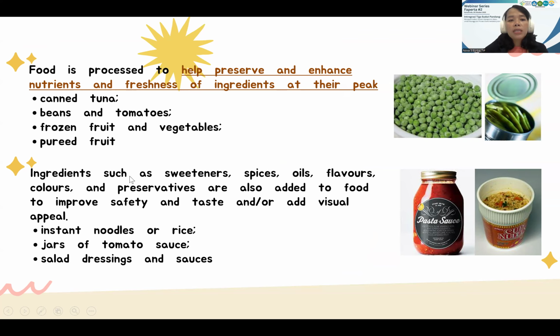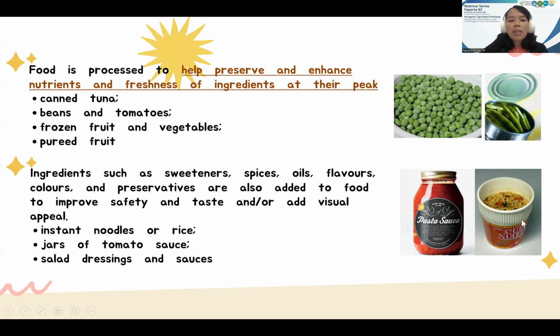Ingredients such as sweeteners, spices, oils, flavors, colors, and preservatives are also added into the food, for example, like in this picture, to improve safety and taste, and also add visual appeal, for example, in these pasta sauces or a cup of noodles.